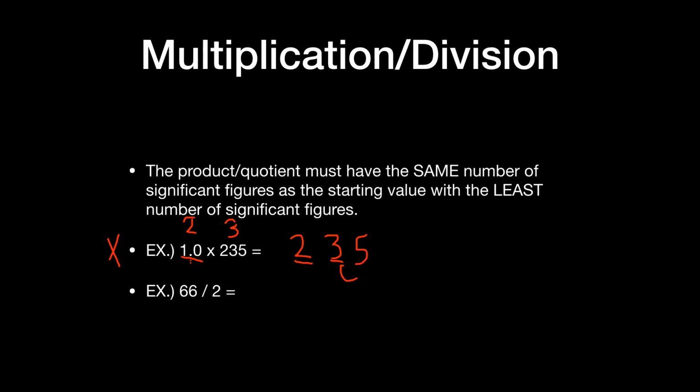Can I round that 3 up from the 5? I think I can, because if it's 5 or higher we tend to round up. So I'm going to round that 3 to a 4, giving me an answer of 240. So that would be my answer to 1.0 times 235. My answer has 2 Sig Figs, 240.